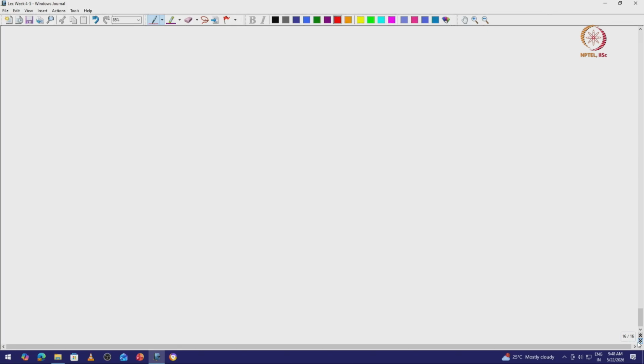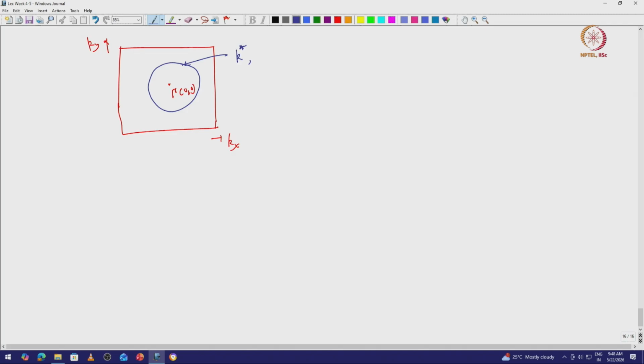So, let us start with the third case where d3 changes sign. Okay. So, let us say this is my kx, ky, and this is the gamma point, which is 0, 0, and let us assume that there is this contour on which D3 goes to 0.